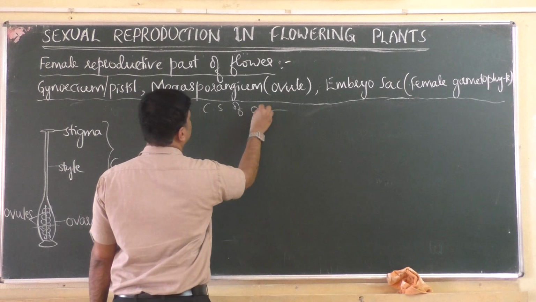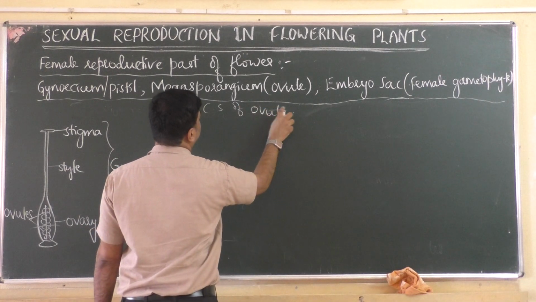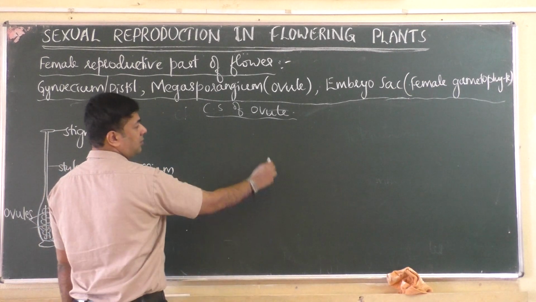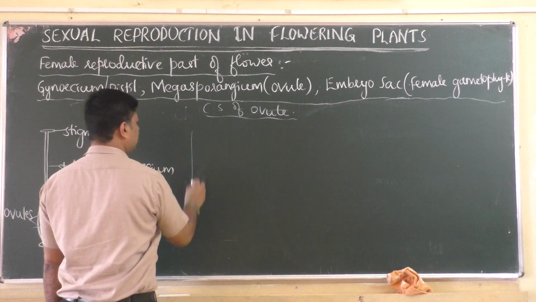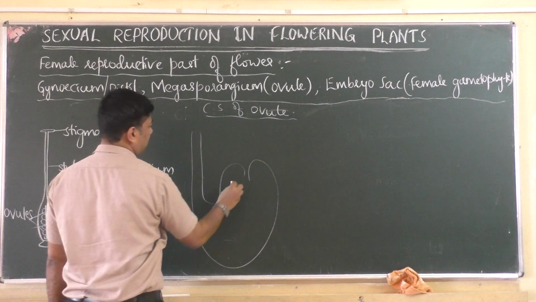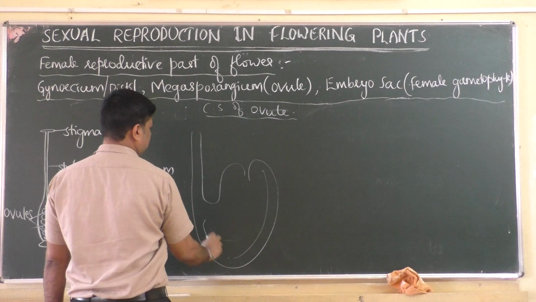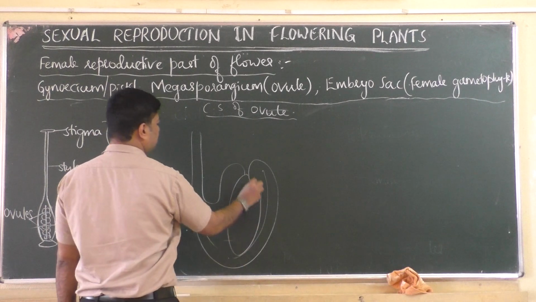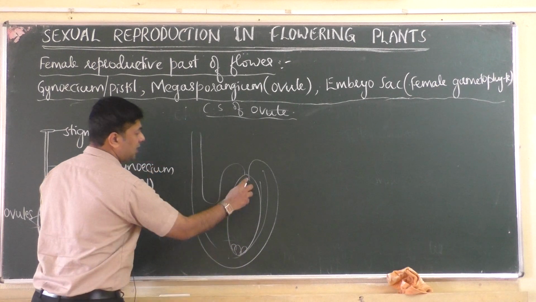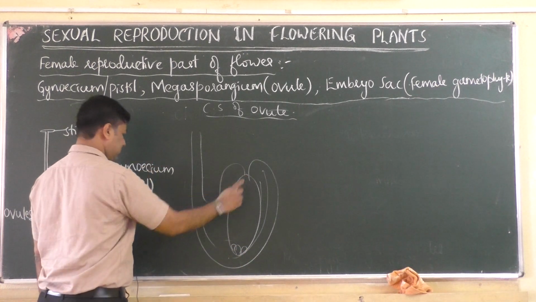CS of ovule, which is called megasporangium. If you take a cross section, you can draw it reversed also, you can draw this way also, where antipodals will come here. These are antipodals, egg will come here, micropyle comes here.